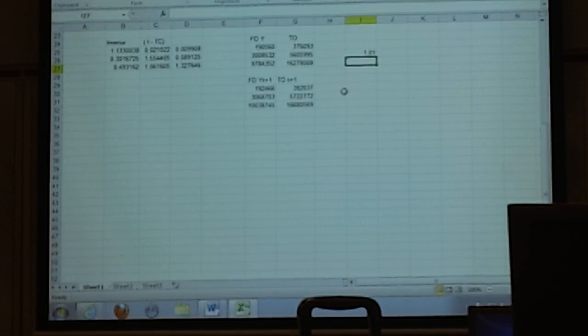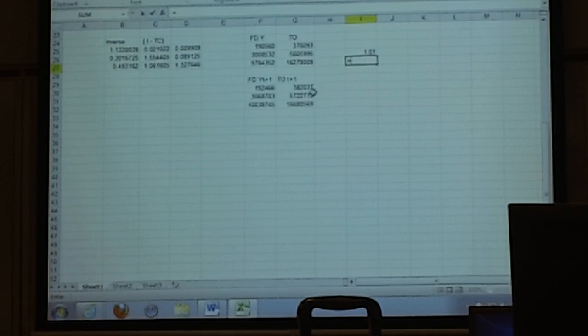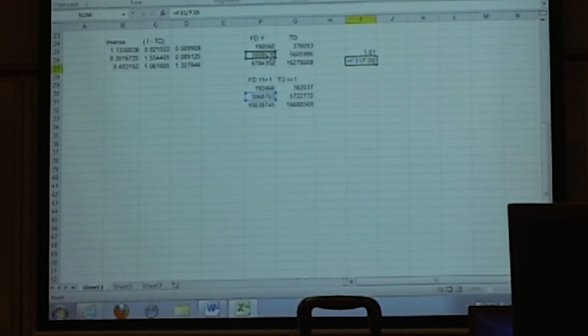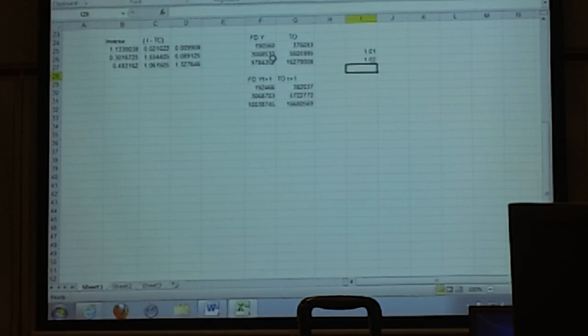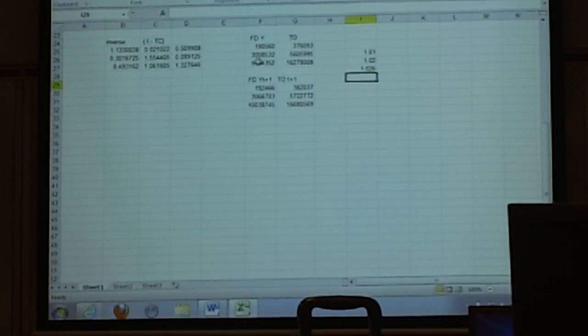Now if we take this number and divide it by that number, that's an increase of 2% in industry. The last one is this number divided by that number. That's an increase of 1.26.